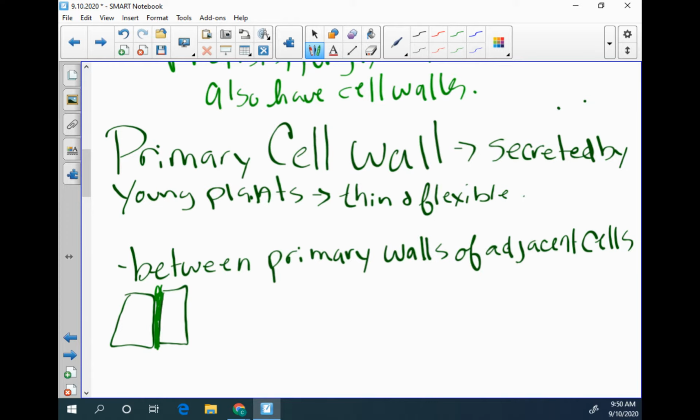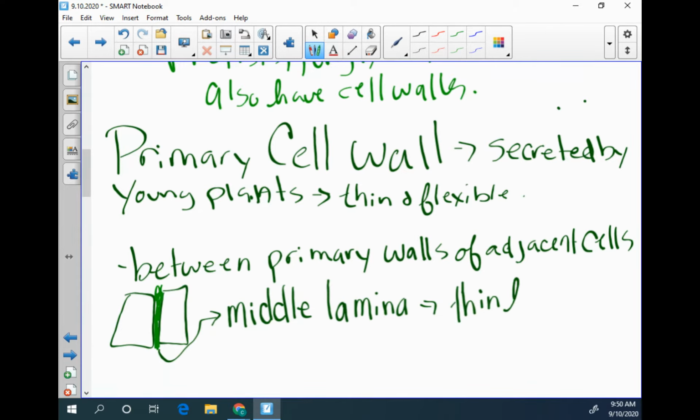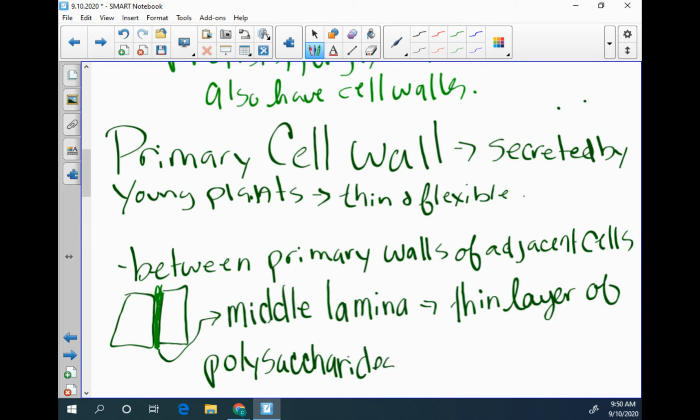It is called the middle lamella. This is a thin layer of polysaccharides. Ooh, there's only one L in polysaccharides. Called pectins.